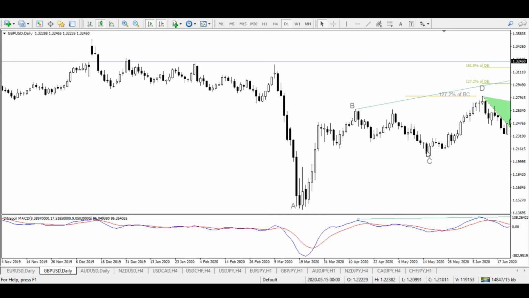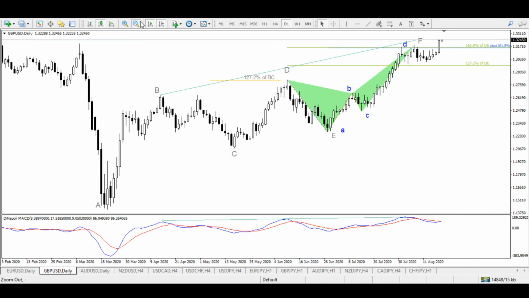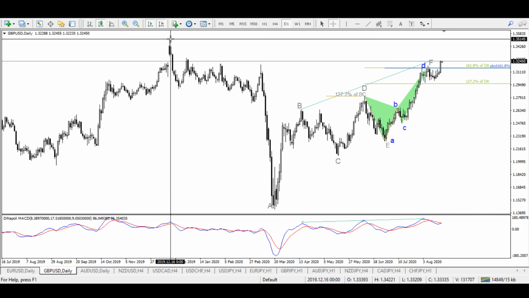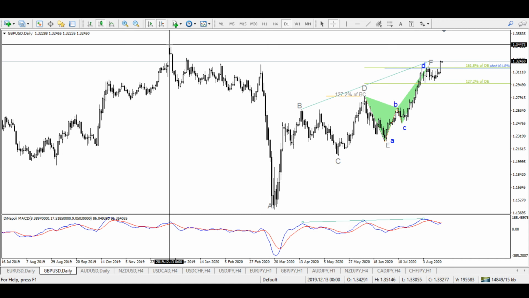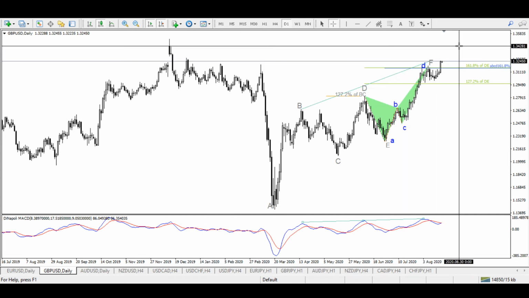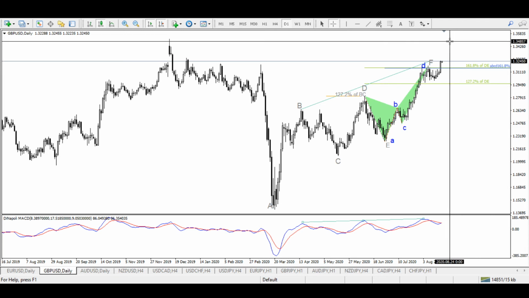I will not be surprised if price continues rising and goes back to this 1.35 area. The previous high was 1.35146, so I'll take the round number. So price may keep rising, and in a few days or a week it can reach around 1.35.